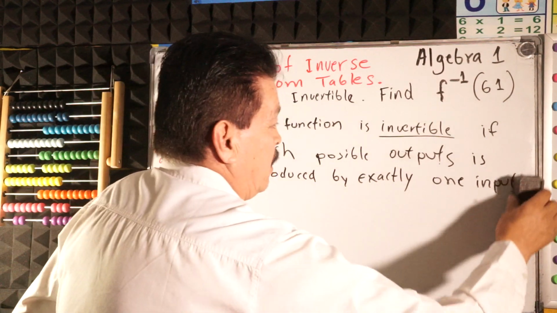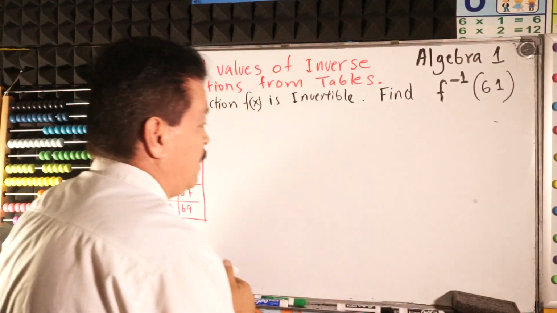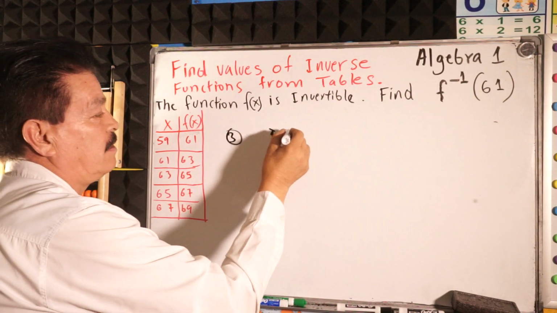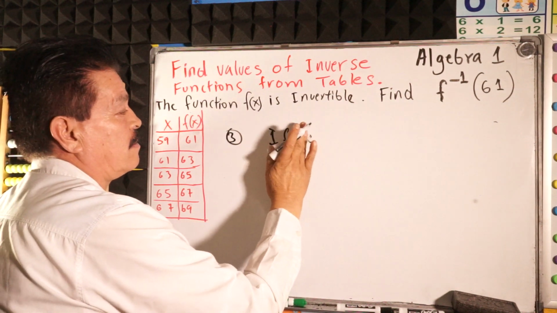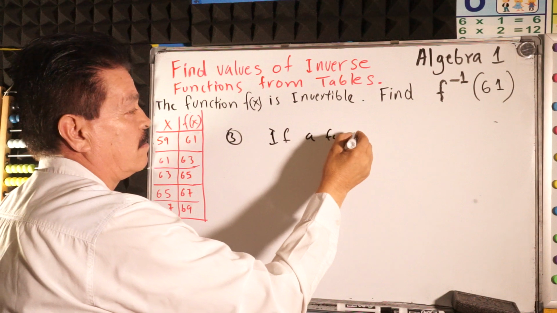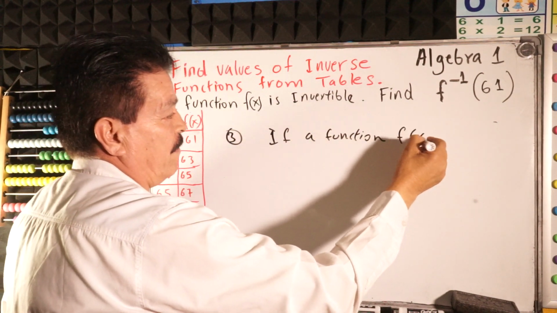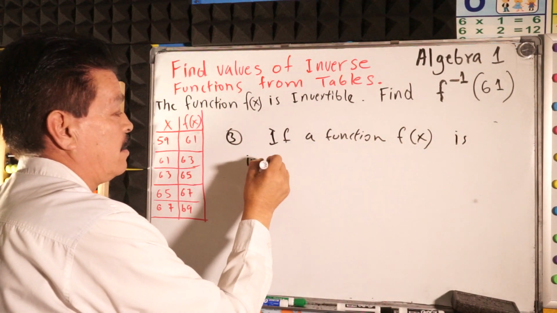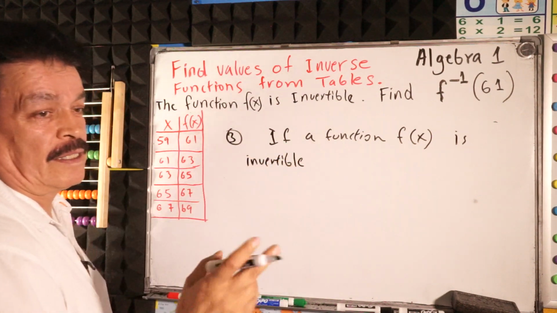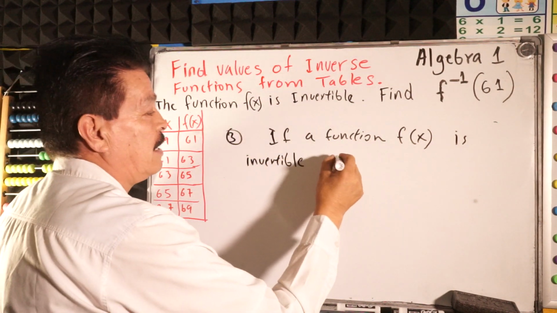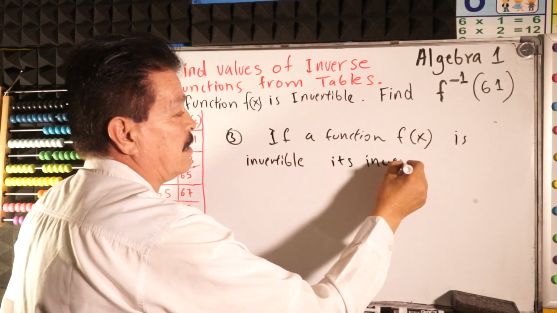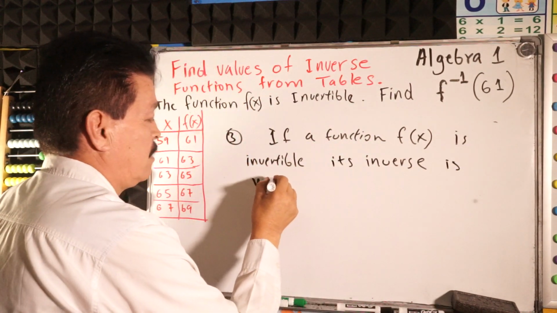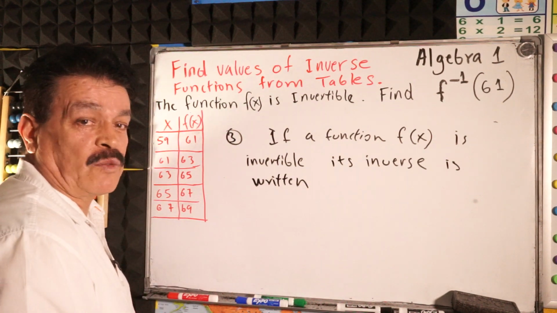Next one, number three. Idea number three. If a function f of x is invertible, its inverse is written this way.